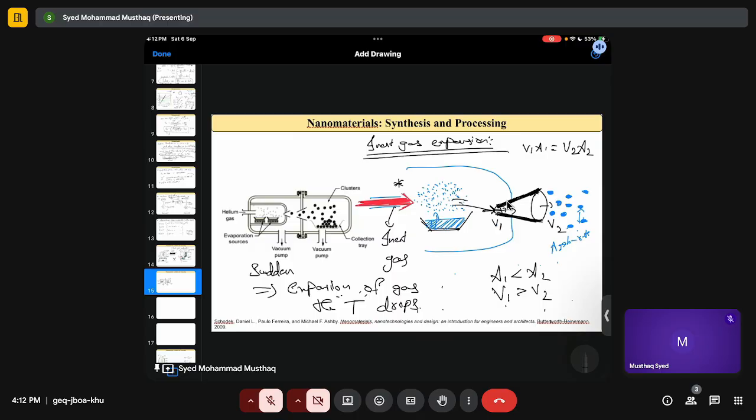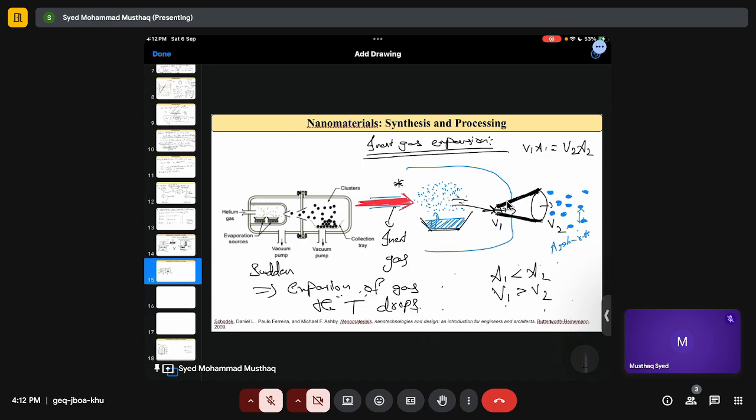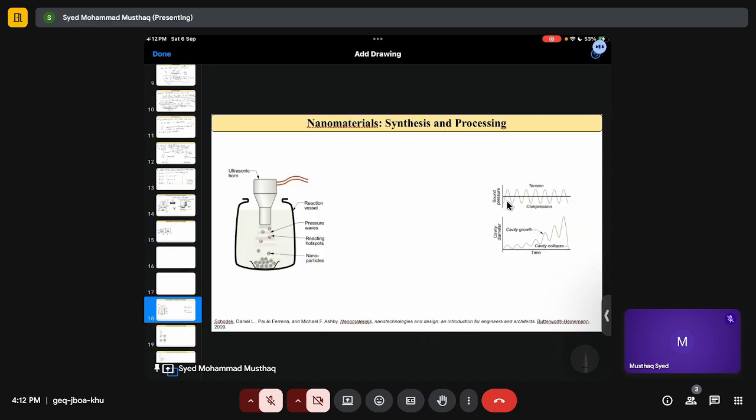The next one is the sonochemical process.